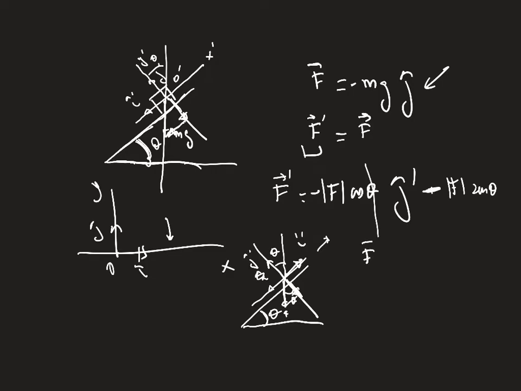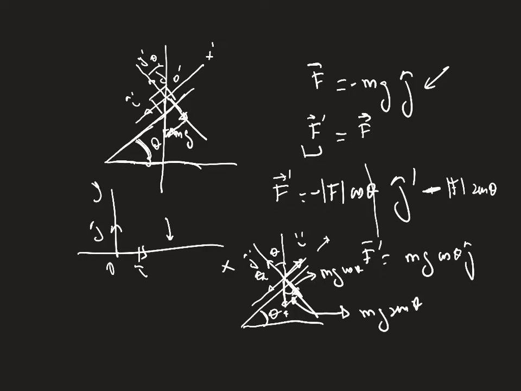So F prime will be: the magnitude of F is mg cosine of theta in the j prime direction, and this quantity is mg sine of theta.